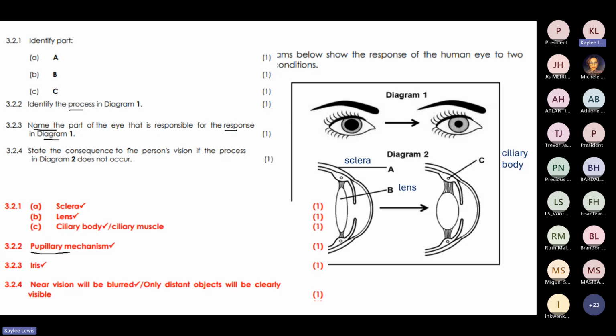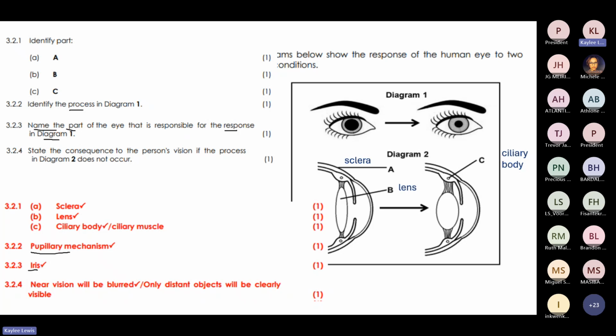So what part of the eye is controlling the pupil size and therefore controlling how much light enters the eye? Remember I said sometimes they like to trick you on this one. The part of the eye that's controlling the pupil size and the amount of light is the iris. And in the iris, we have the circular and the radial muscles that are controlling it. But they want you to name the part of the eye: iris. Don't get confused with that one. Don't let it trick you.